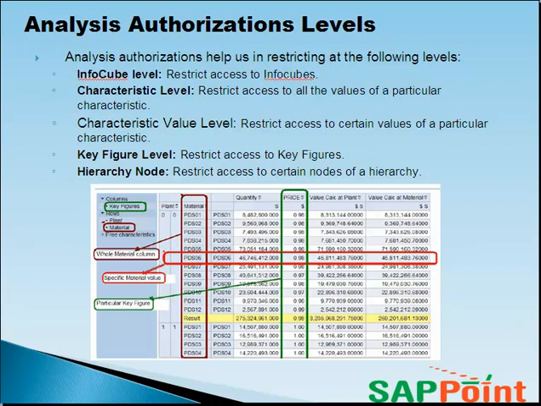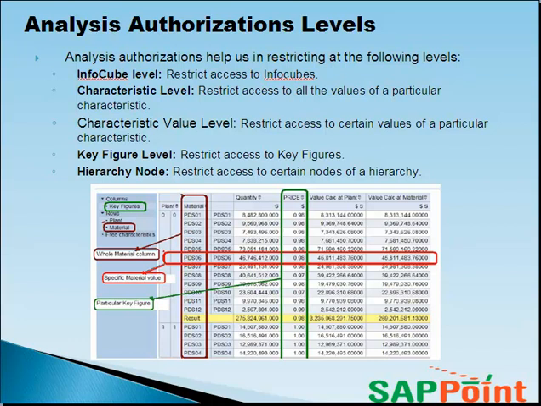So let's say you have a person sitting in one company code and there's another person in company code B. If both of them execute the same query, they should be getting access to, let's say, data related to their company code. So that can be achieved by info object level security, that is characteristic level security.